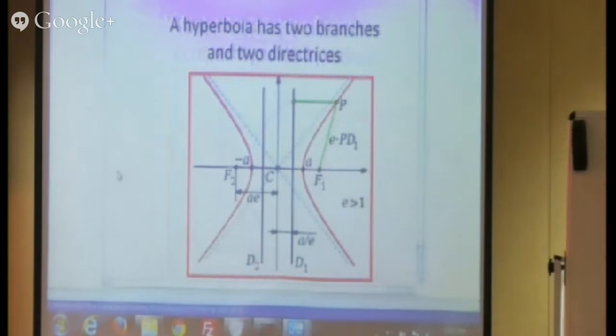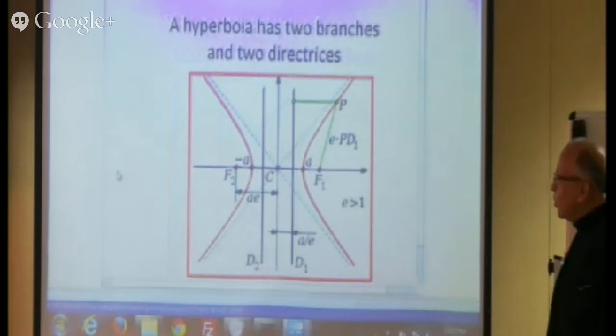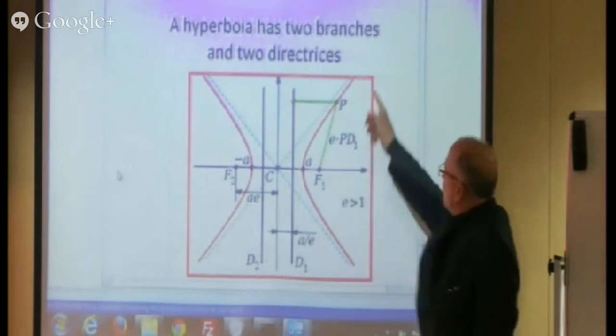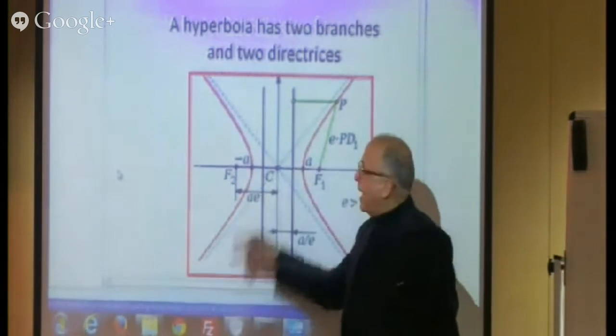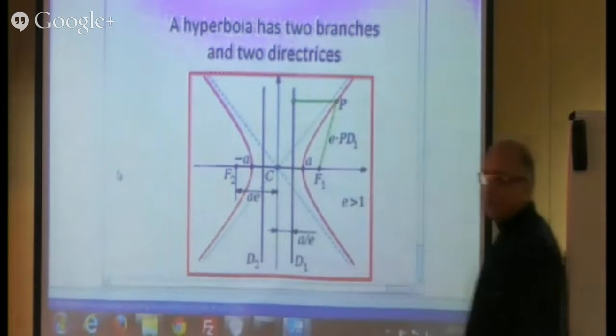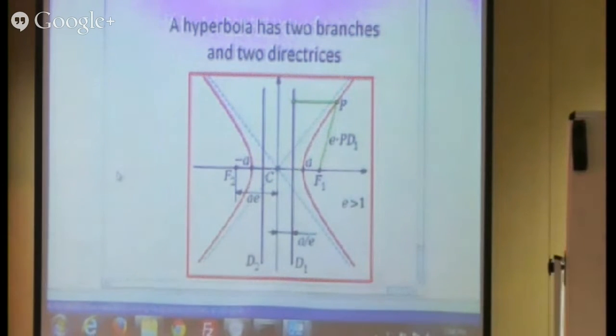A hyperbola always has 2 branches. So let us see some terminology connected with hyperbola. One branch is on this side, the other branch is on this side, and this is the axis of the hyperbola.